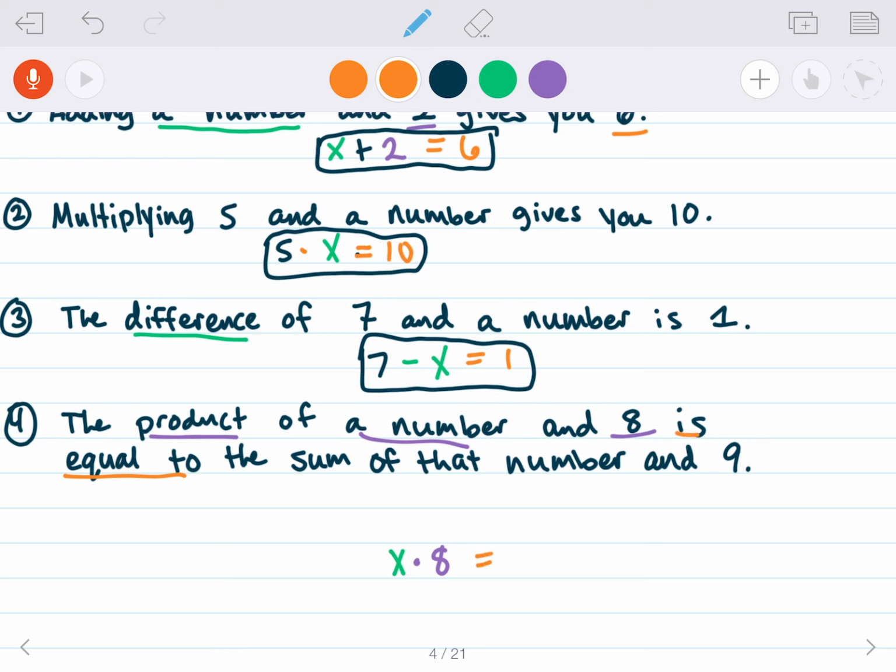The sum. Sum means add. The sum of that same number and 9. So the product of a number and 8 is equal to the sum of that same number and 9. All right, so that's how we translate this into algebra.